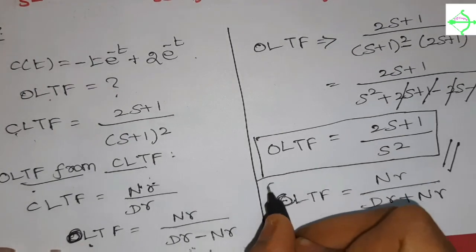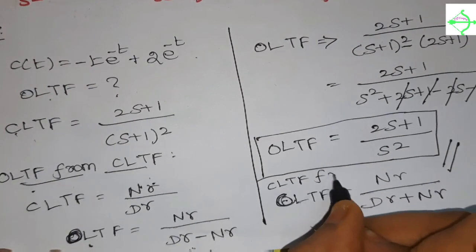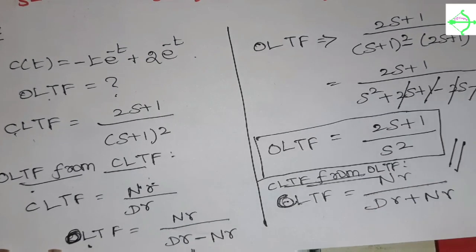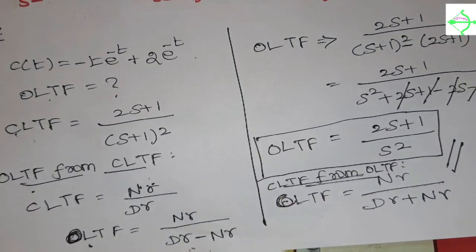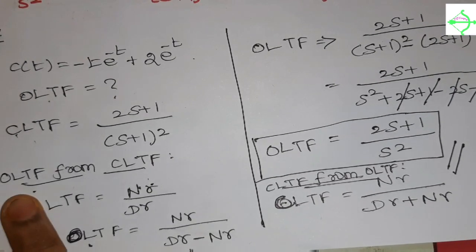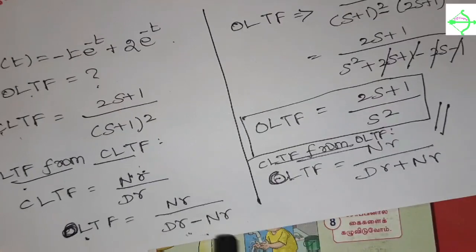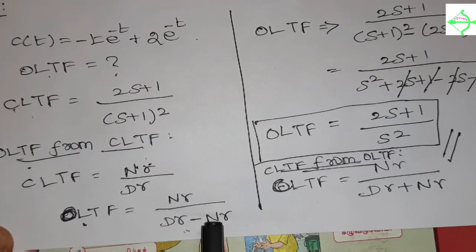When it is unity feedback, the open loop transfer function from the closed loop transfer function is just subtracting the numerator term from the denominator.